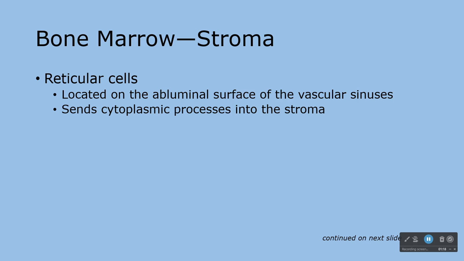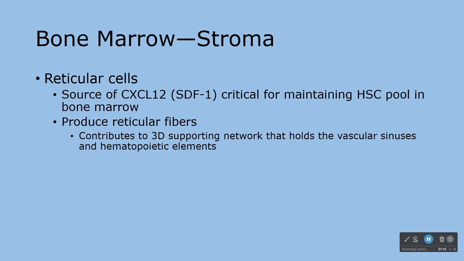Reticular cells are for structure. They're kind of fibrous cells, okay? Source of CXCL12, which is a type of cytokine that helps maintain our HSC pool in the bone marrow. So it's very, very important to us. This is a very, very important cytokine that's referred to. And usually they're in capital letters and they usually have a number with them. So I'll always kind of point them out to you. I don't necessarily feel like you have to know that, but just FYI, okay?